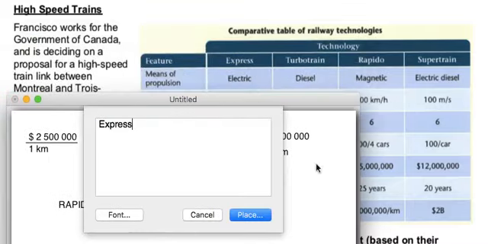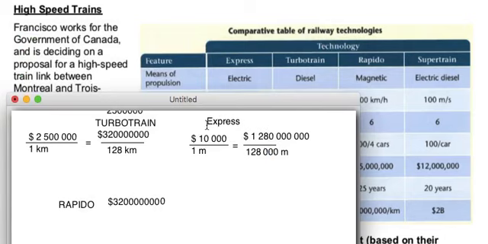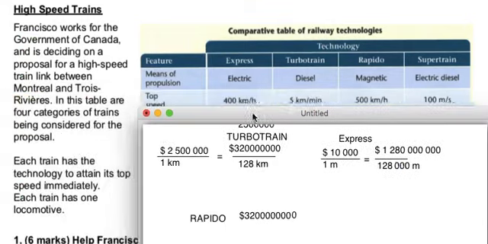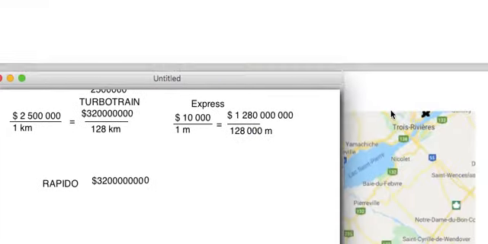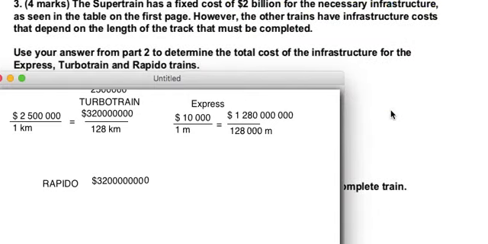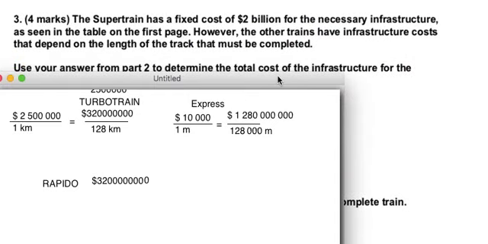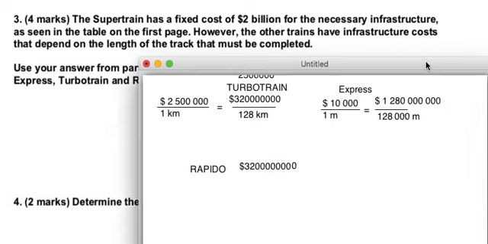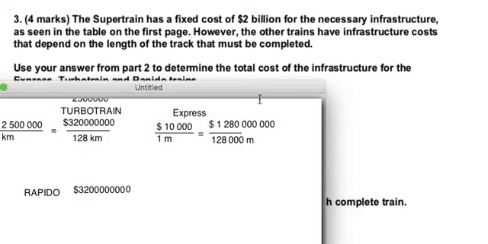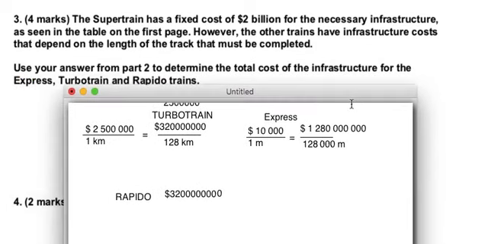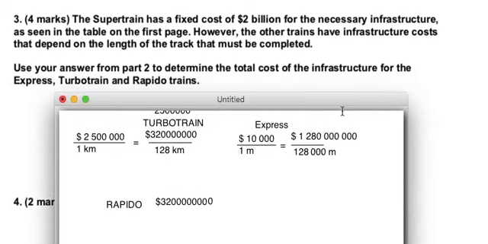Now, always good in a situation problem to make sure you know what question you're supposed to be answering. This was question 3. It was saying, just determine the total cost of the infrastructure. It's not asking me to put them in order from cheapest to most expensive or most expensive to cheapest. I just had to figure out that the Rapido train costs $3.2 billion.